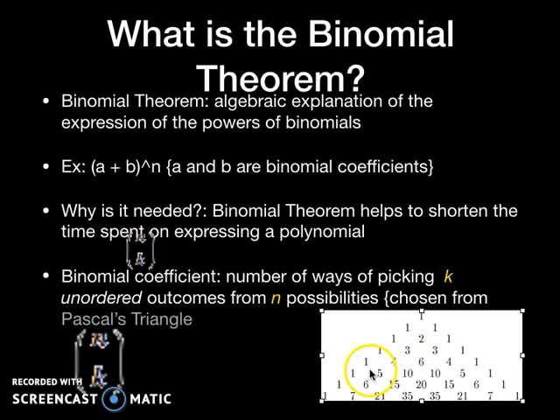Let's say you take level 5, which I have my cursor over: if you add 1 and 5, it gives you 6. 5 and 10, 15. 10 and 10, 20. 10 and 5, 15. 5 and 1, 6. So each value makes the value below it, and each row always has 1 to begin and 1 to end, as you can see.